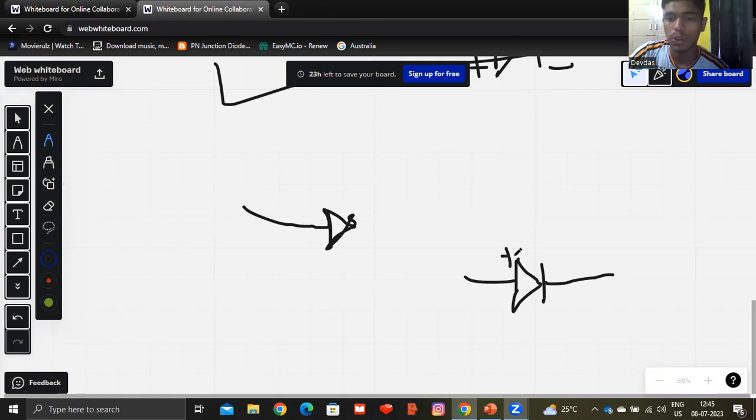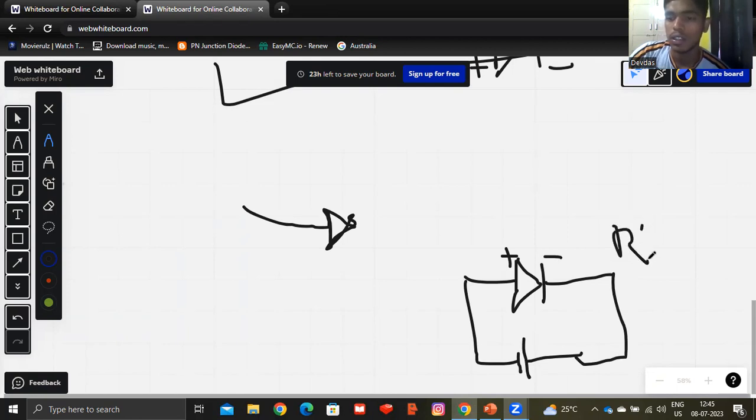We know that this is the positive side and this is the negative side. When this is connected to the negative terminal, and this is connected to the positive terminal, this is termed reverse bias.